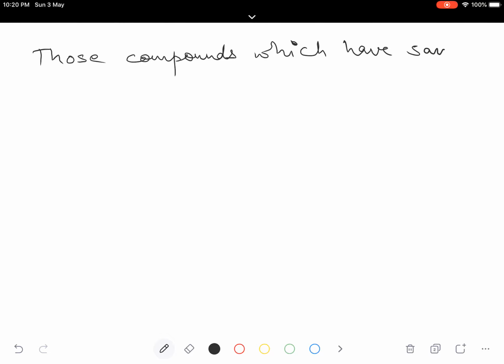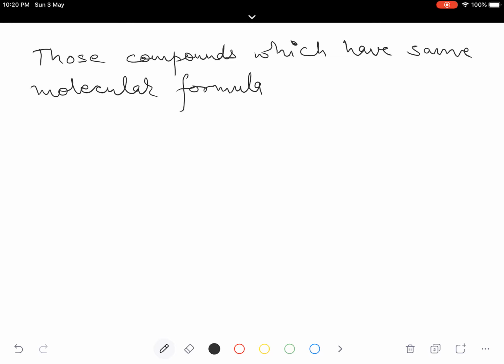Now we can say those compounds which have same molecular formula.